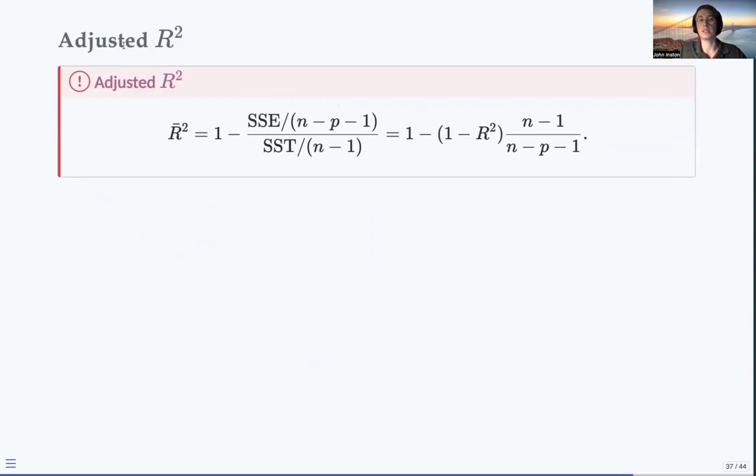And so instead we define this adjusted R squared. I'm just for the time being going to skip over this exact term and what it's meaning. I was going to go through it on my iPad, but I certainly don't have time for that anymore.